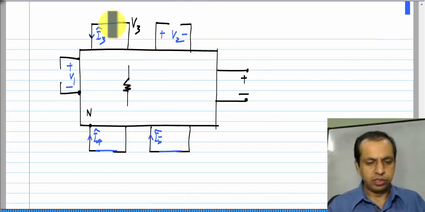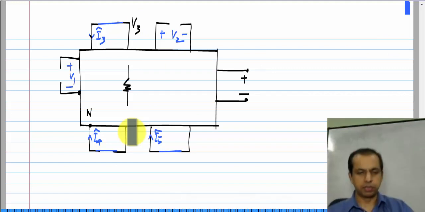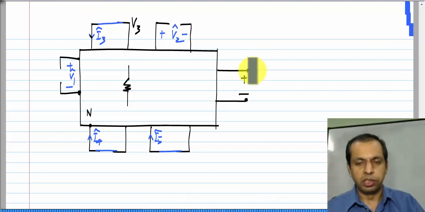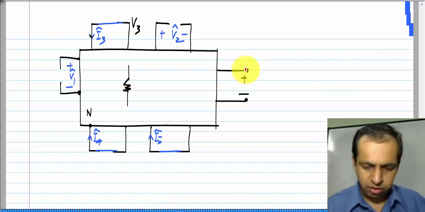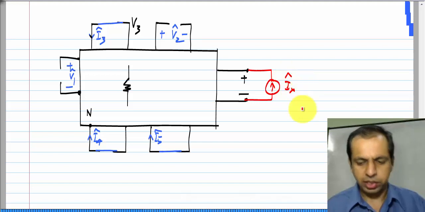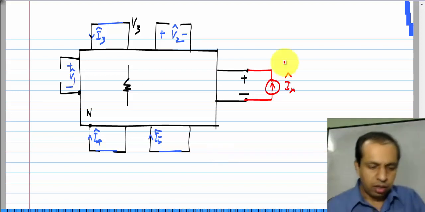Okay. These directions are consistent with the two port convention that I have already used and the current sources and voltage sources that were in place. Okay. So, now because in the original circuit this is terminated in an open circuit, I will apply a current source Ix hat and do the analysis. Now, the advantage of this is that we have a single source in the analysis, okay, and this is many times easier to carry out.